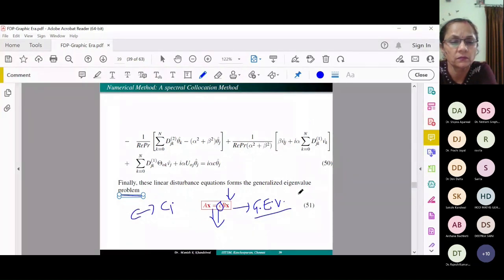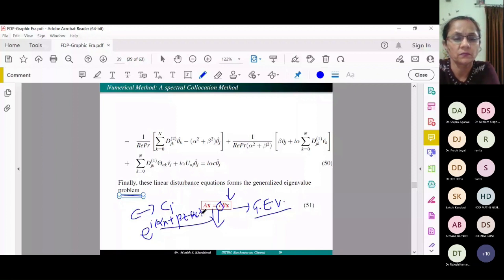Previously we have seen that our disturbance is given by exp(iota(alpha x plus beta z minus alpha ct)). In this term, only one part, Ci, is responsible for the stable or unstable situation, that is, Ci greater than 0, Ci less than 0, or Ci equal to 0.